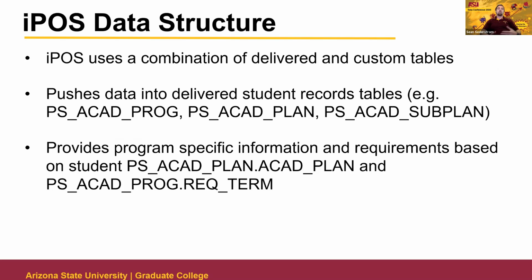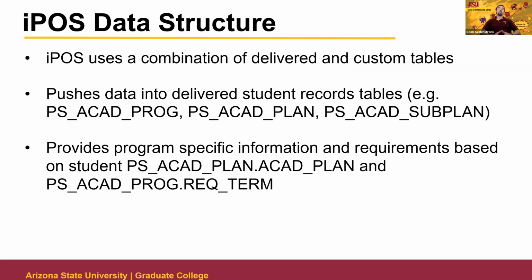It does interact with the delivered tables, so it pushes information to them, pulls information back. So it's an exchange there. And then it pulls in custom information based on the student's data, whether it is from their academic plan, so plan or program specific information, or from their requirement terms.